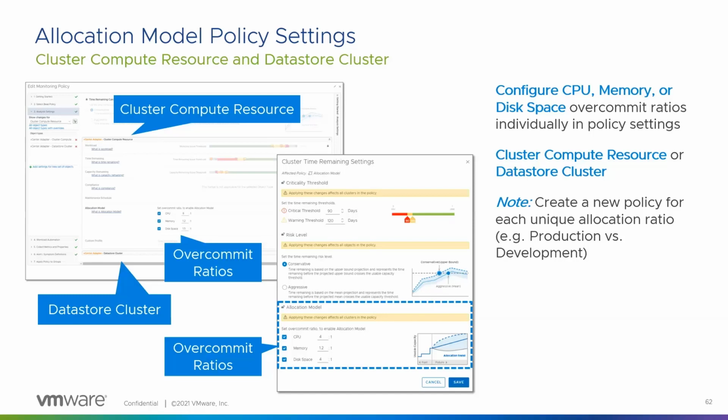It's up to you which ones you want to enable. The costing will work regardless. So if you only enable it for CPU, just CPU would be allocation based for costing. And if you left memory as demand, then it would use demand for memory cost. So it's kind of flexible, but once you enable allocation model, that will switch costing over to allocation based for whichever resource you enable, whether CPU, memory, or disk space.